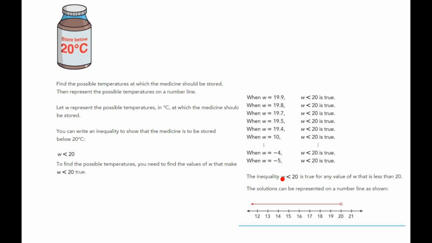So the inequality W is less than 20 is true for any value that's less than 20. You can see here they have the open circle at 20 because it needs to be less than 20. You can't include 20. My arrow goes to the left, which includes all the numbers that are less than 20. And it ends with an arrow to let us know it can keep going all the way to 0, all the way to the negatives, everything. All right?